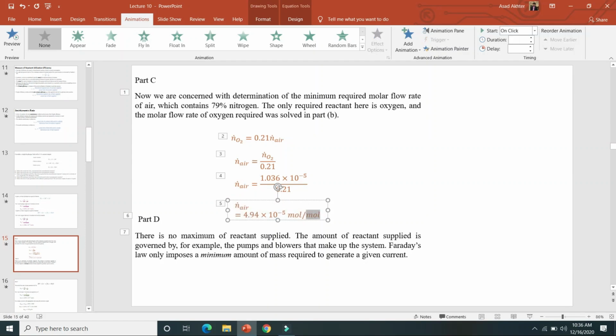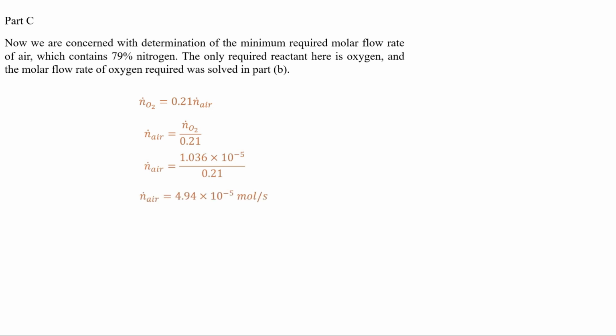It is not gram per mole, it is mole per second because we are talking about molar flow rate. So this will be the minimum amount of air required in order to produce 4 ampere current from a particular fuel cell. If we supply 4.94 × 10^-5 mole per second of air, then we are able to produce 4 ampere current from a fuel cell. Otherwise, it will not.